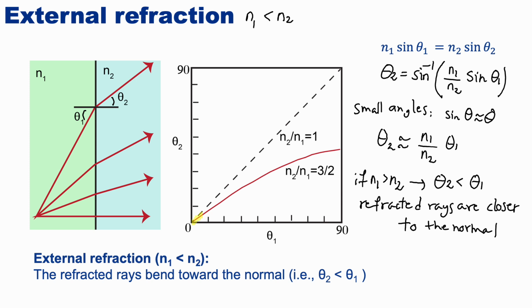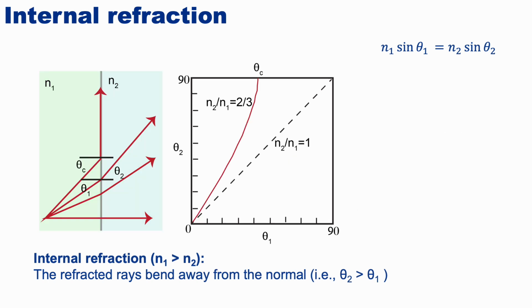As opposed to external refraction, we find internal refraction. The internal one is when the refractive index of the first medium is higher than the refractive index of the second medium. Again, we can make the approximation for small angles.